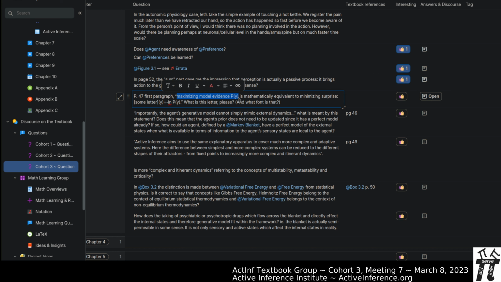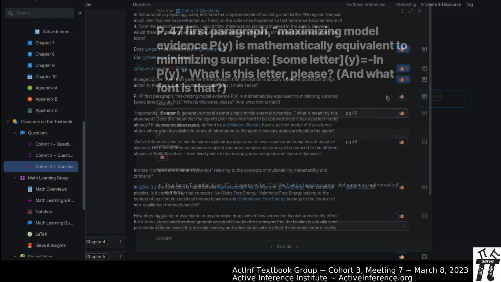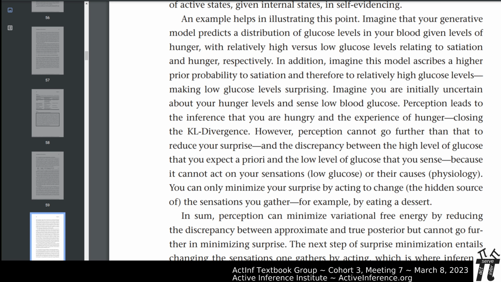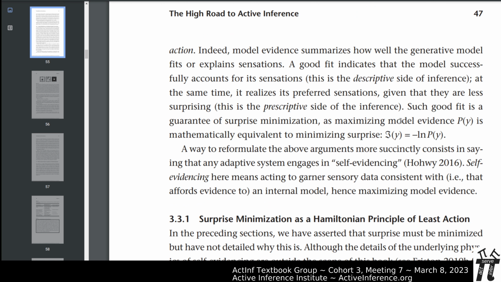Maximizing model evidence P of Y. So we have a given data set Y, and we're going to have a portfolio of models.